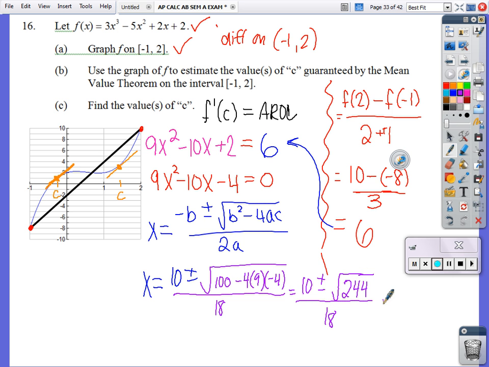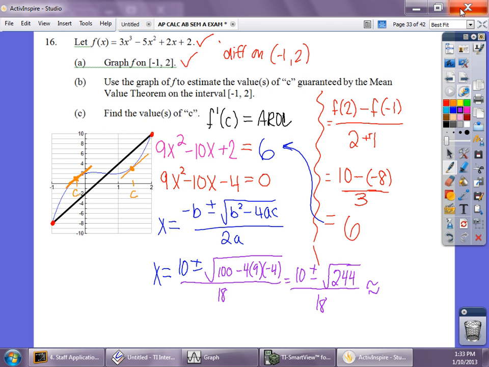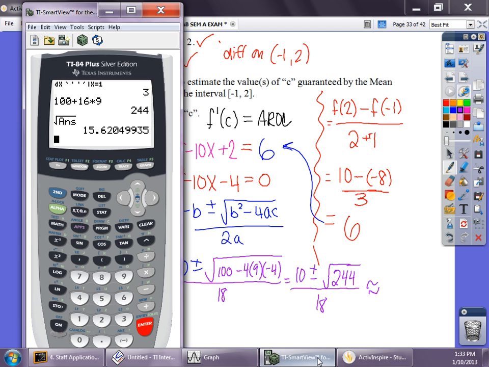If you have a calculator, you would find the approximate value, which we would do by using this guy, 10 plus the square root of 244, enter, divided by 18.